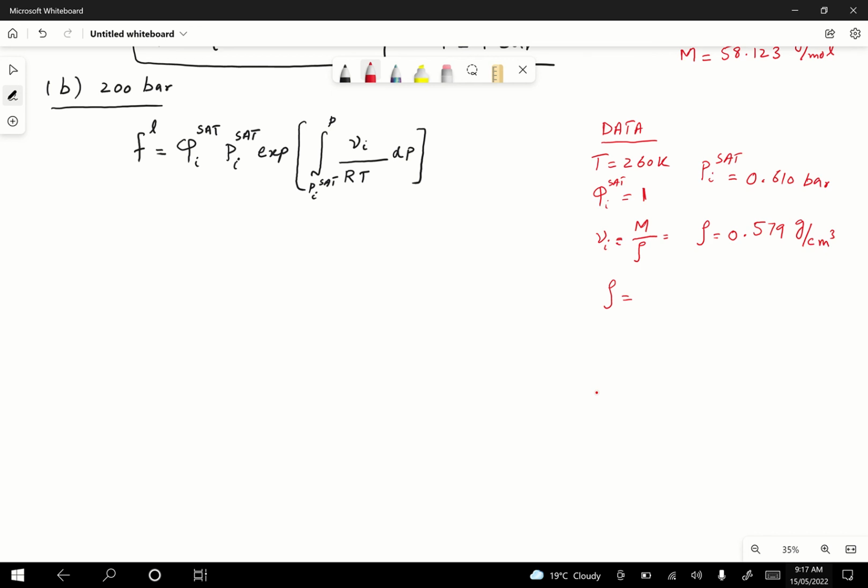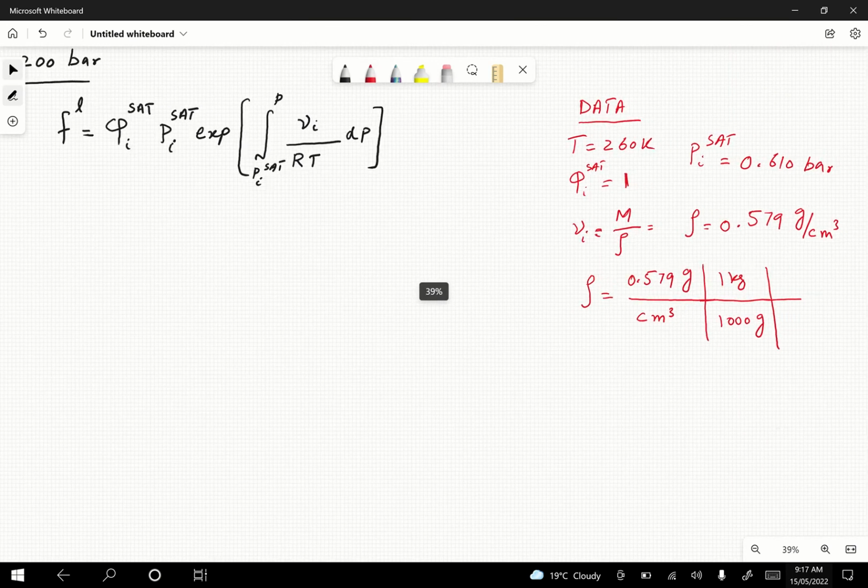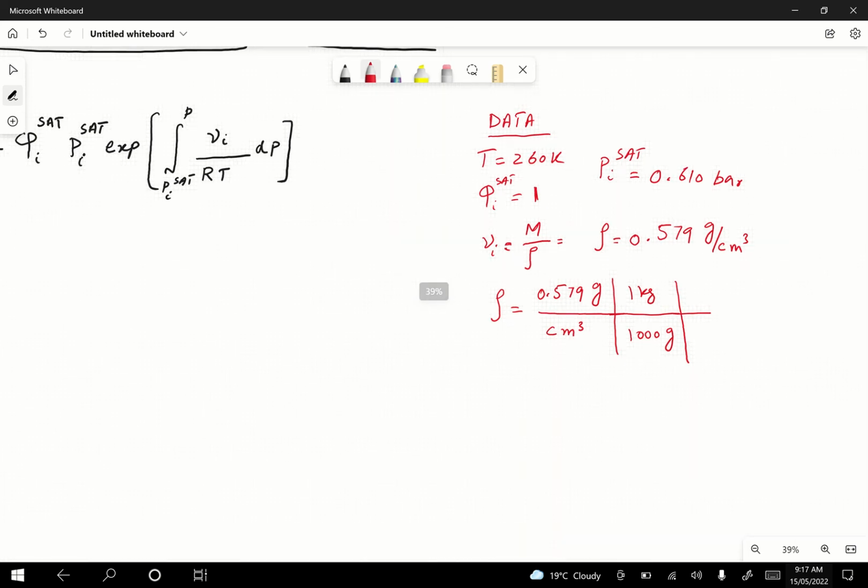So for example, this is 0.579 gram over cubic meters, 1000 gram into 1 kilogram, and 100 centimeter equal to 1 meter.